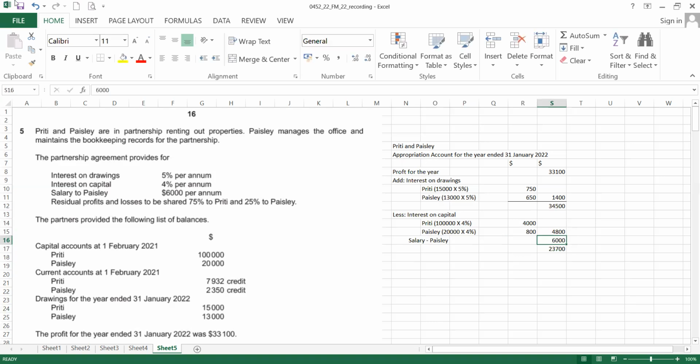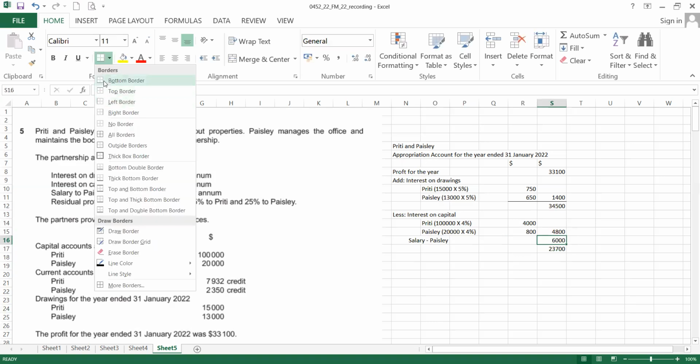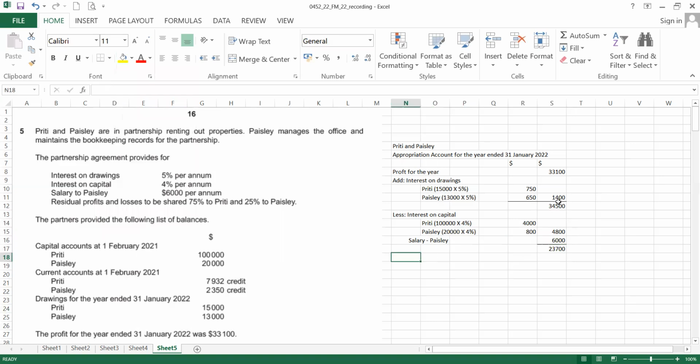Then take this amount minus. We get balance 23,700. And the share of the profit, Pretty is 75%, 23,700 times 75%, and then Parsley 23,700 times 25%.